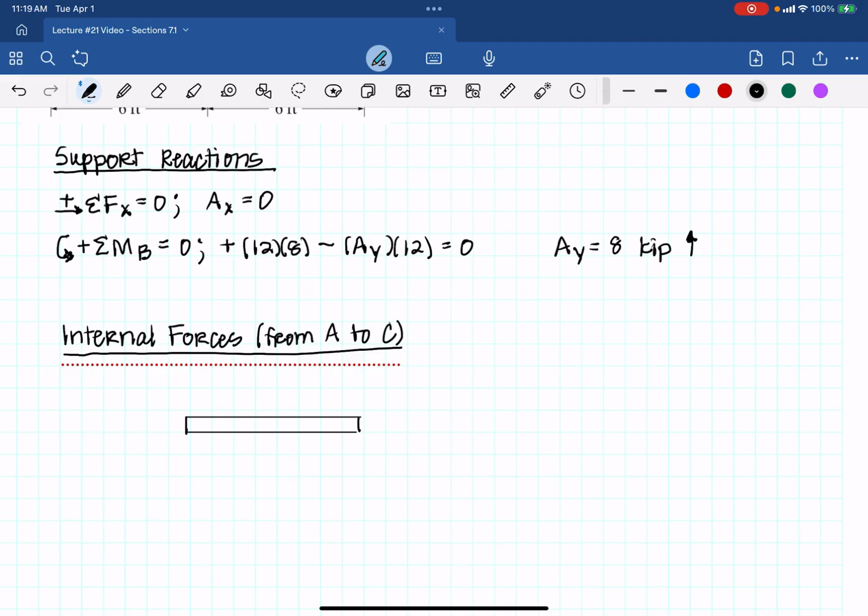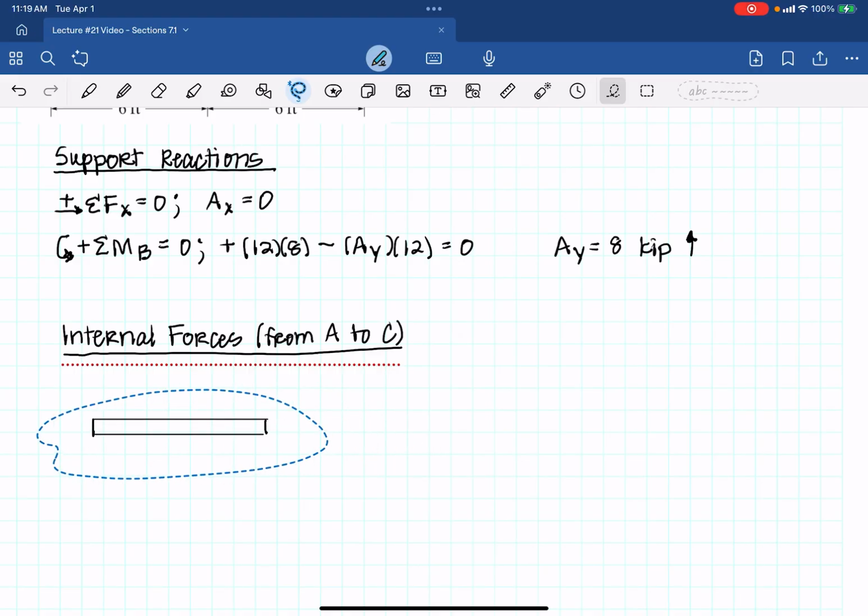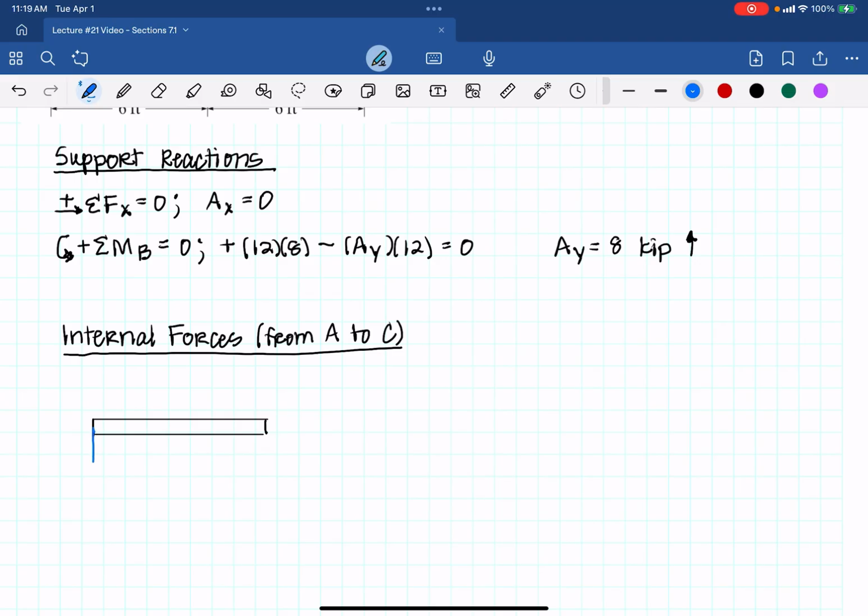And acting on my beam, I've got my reaction at A going up of 8 kips. Then I've got that 12 kip load from the distributed force.